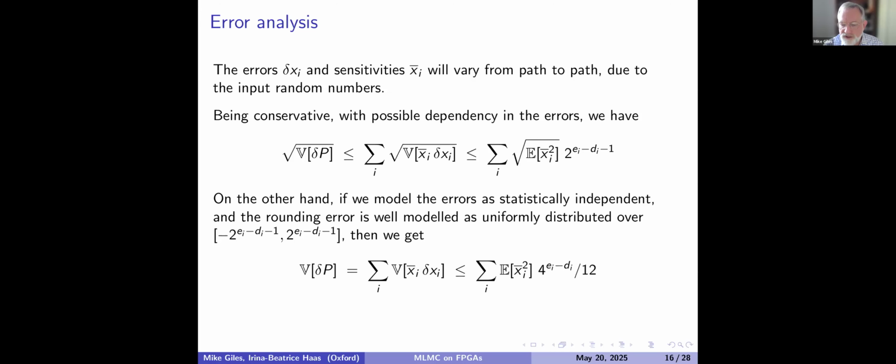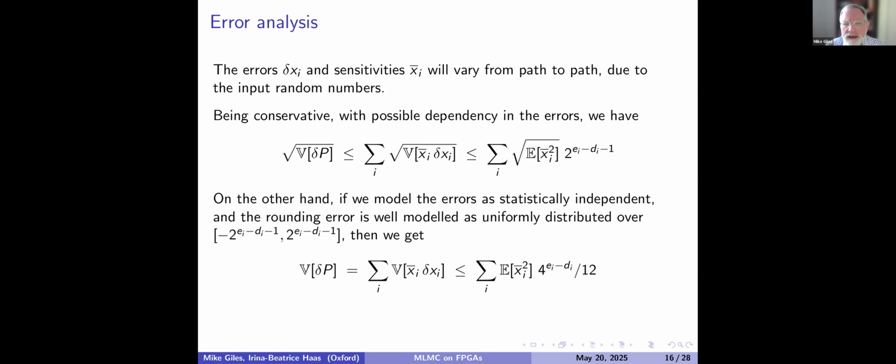So this is allowing for the possibility that there may be complete dependency between some of the errors. And then we can bound that by this sum over each of the operations, the square root of the expected x bar squared times that 2 to the EI minus DI minus 1.